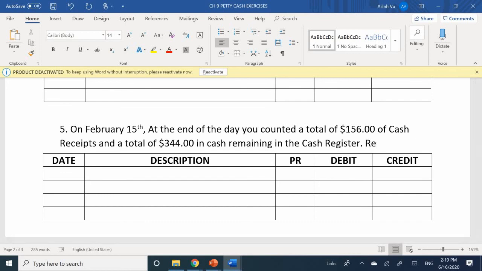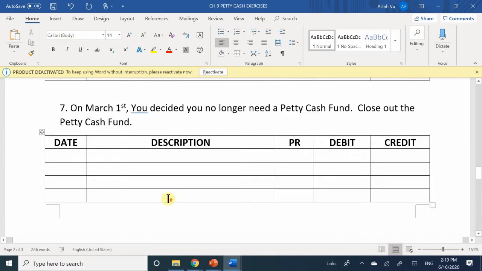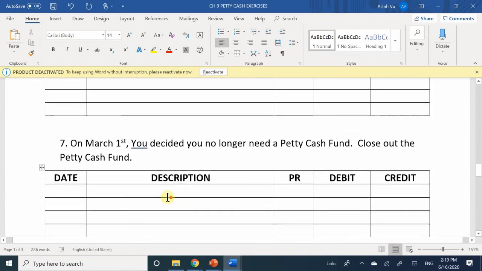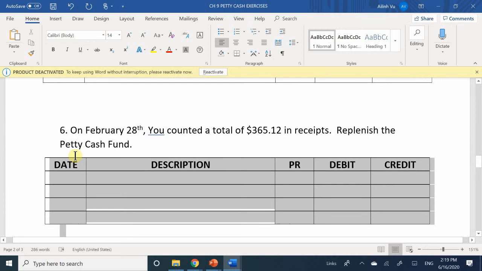But in this case, I'm going to go ahead and write replenish the cash register. I don't know why it populated down there. Your next question is to replenish. I'm going to get rid of this, because that's what I'm trying to explain to you right now.